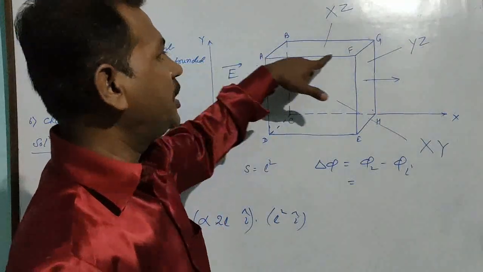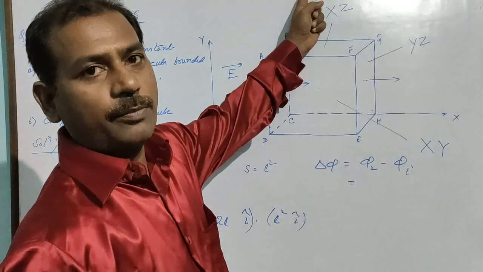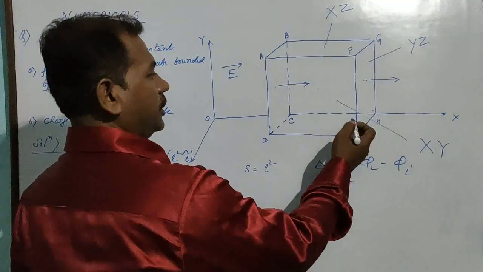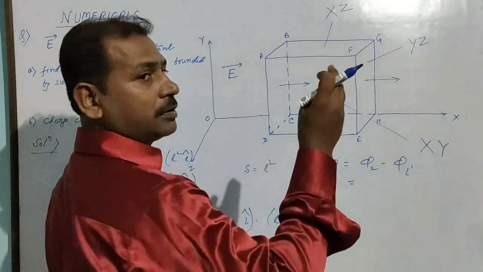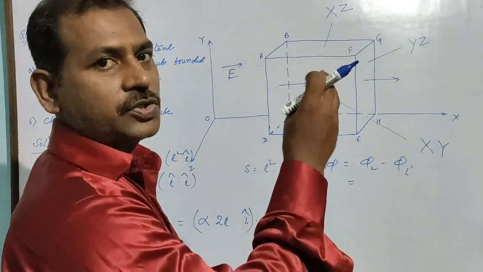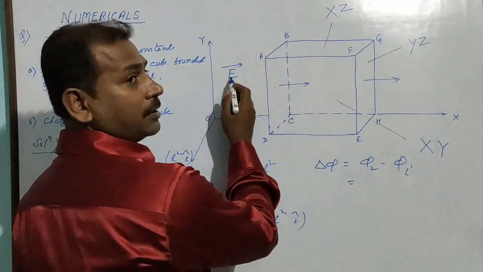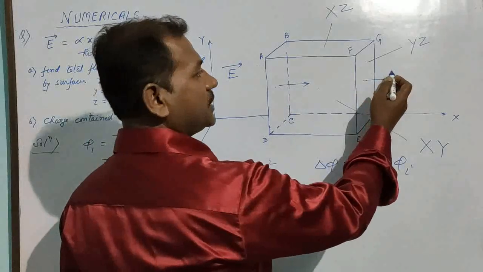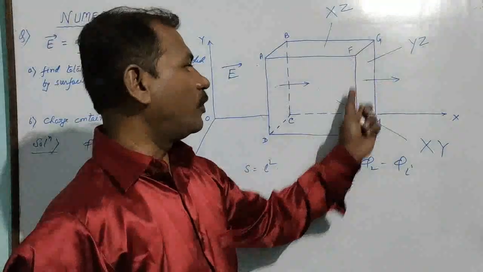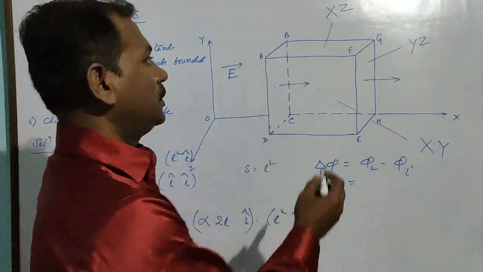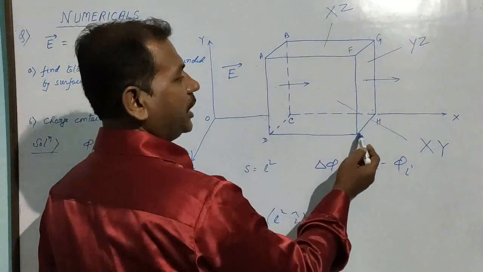This one is the xz plane, that means its area vector will be along j cap. This one is the xy plane, that means its area vector will act along z, that is k cap. So remember that with the field intensity propagating along the x-axis, it will make flux only through the yz planes, this ABCD, and through EFGH.